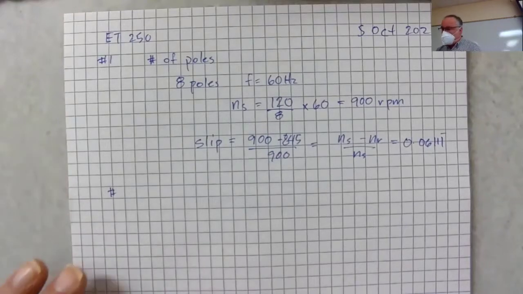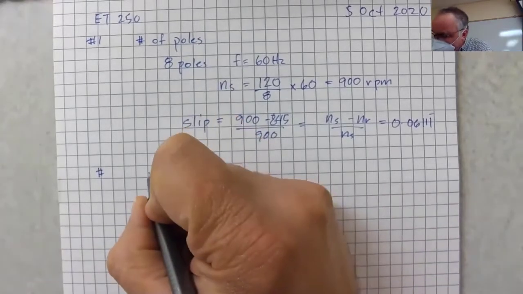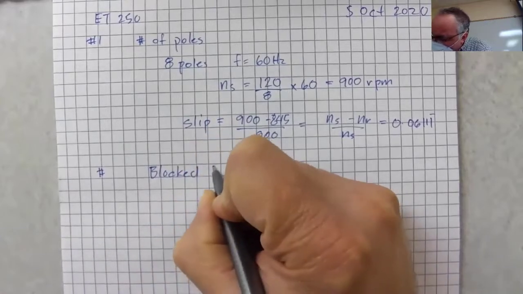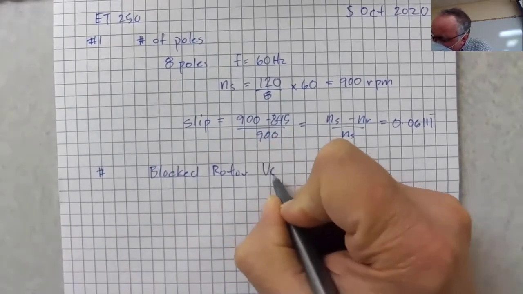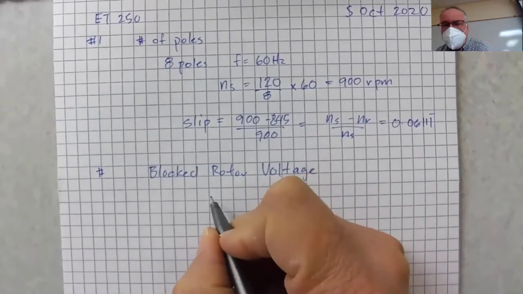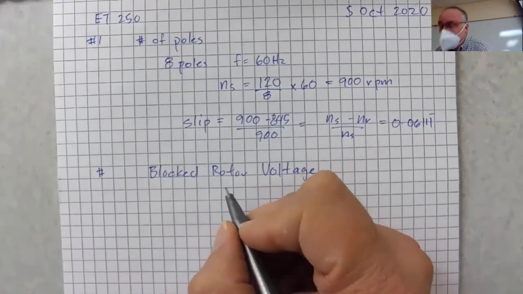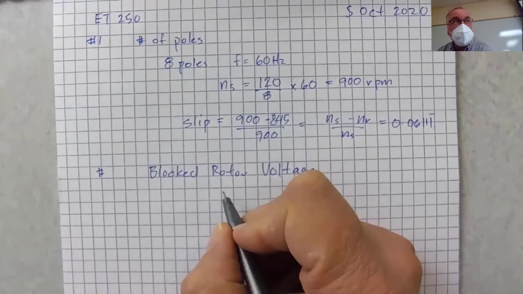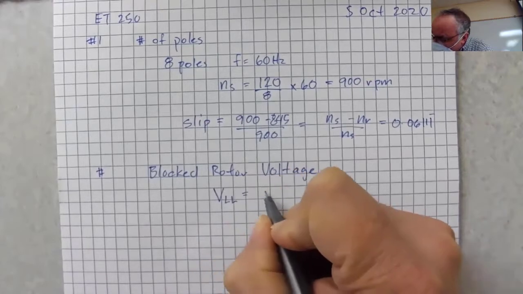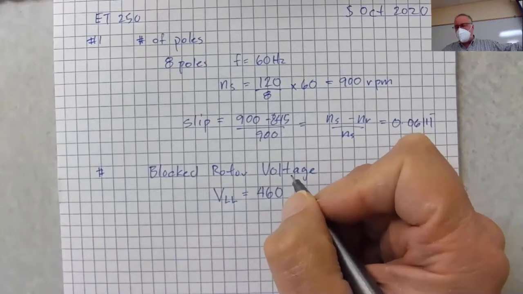Okay, so first of all, we have to figure out what the block rotor voltage is. So how much voltage is on the primary? How much voltage is on the stator of the motor? 480 or 460? 460. So V line to line is 460. At the service entrance panel, it would be 480.